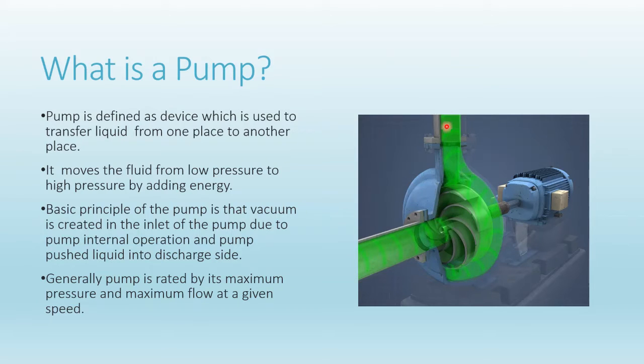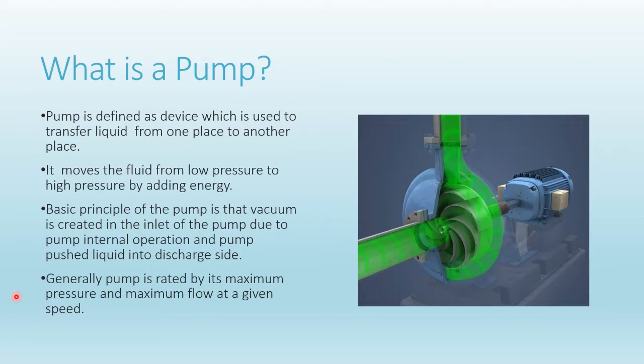The vacuum is created by this mechanical device called the impeller. This is called the casing, this is the motor, this is the drive shaft. Due to the pump's internal rotation, that is, due to the arrangement of the impeller blades, vacuum is created in the suction and the material is pushed to the delivery side.